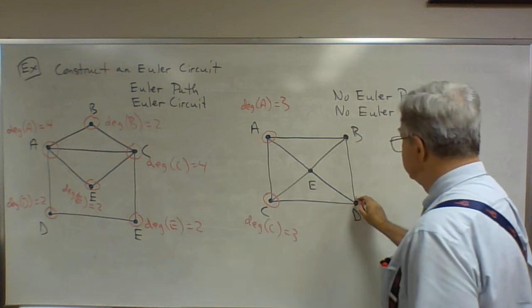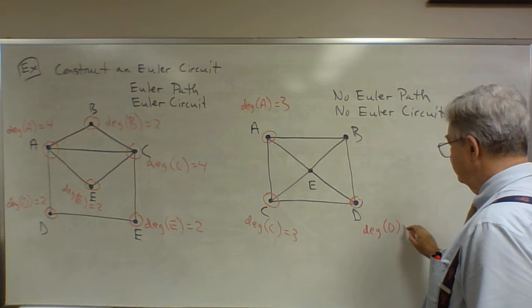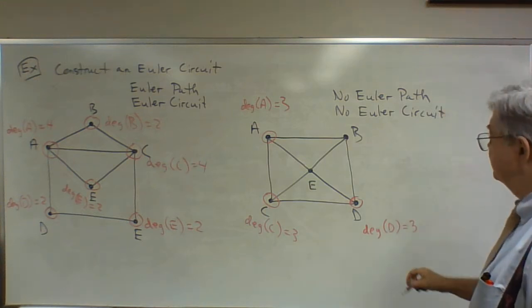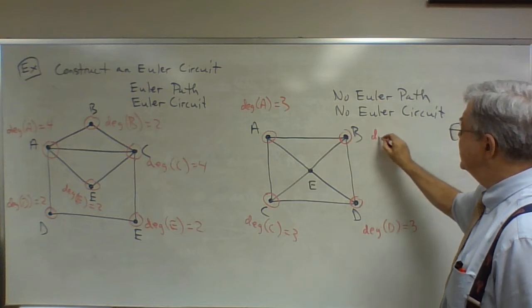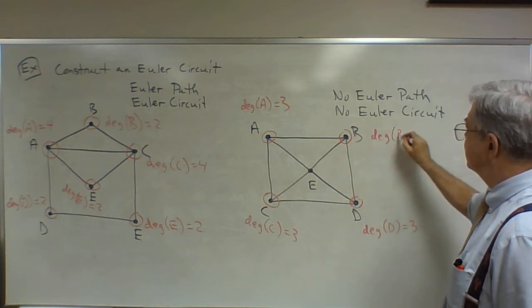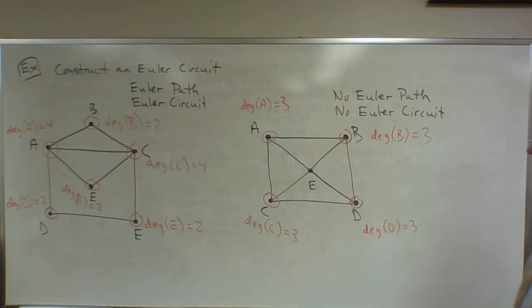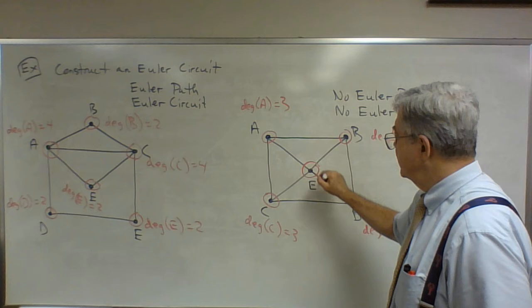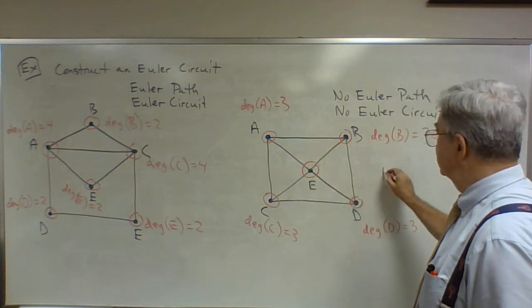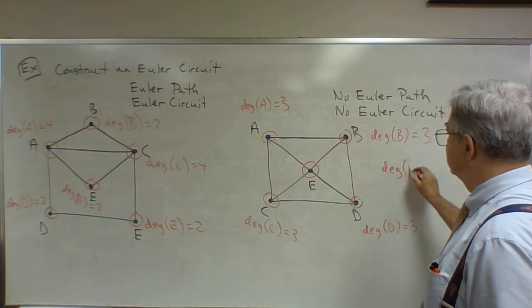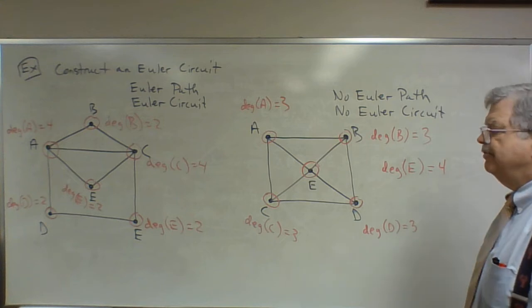The degree of vertex D, 3. The degree of vertex B, 3. And this one, E, 1, 2, 3, 4 edges coming in and going out. So degree of vertex E is 4.